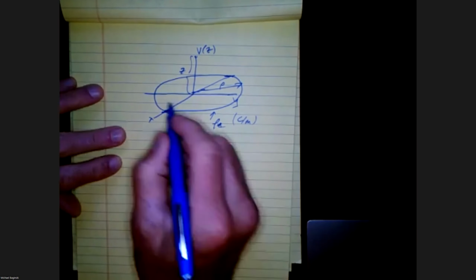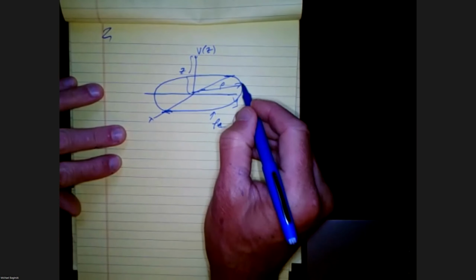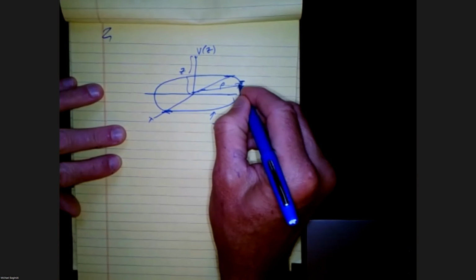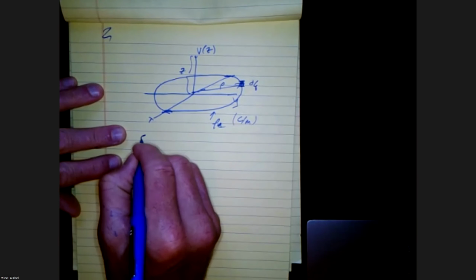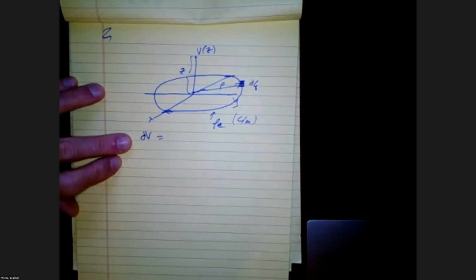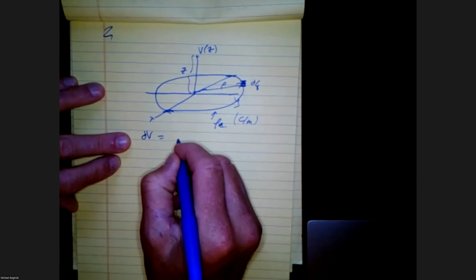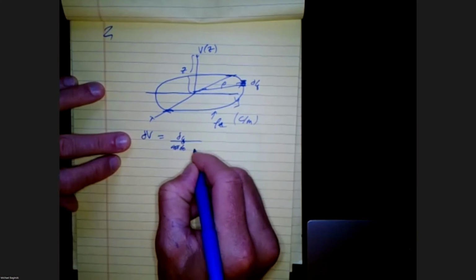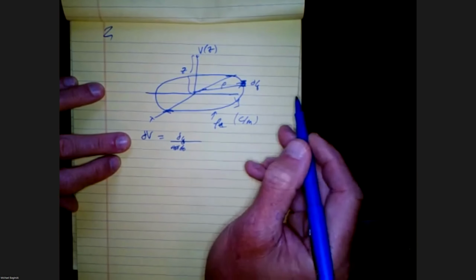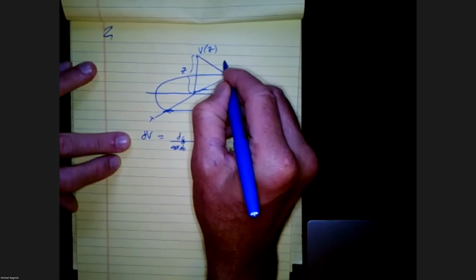So if I want the voltage here, what I can say is if I have a differential chunk of charge, if I call that dq, the differential voltage from a differential chunk of charge, assuming at infinity the voltage is zero, and that was stated in the problem, that's simply dq over 4 pi epsilon naught, divided by this radius vector, the distance r to that point.